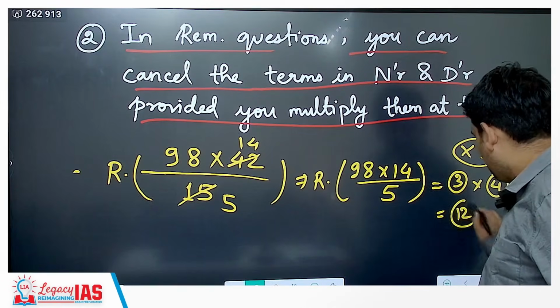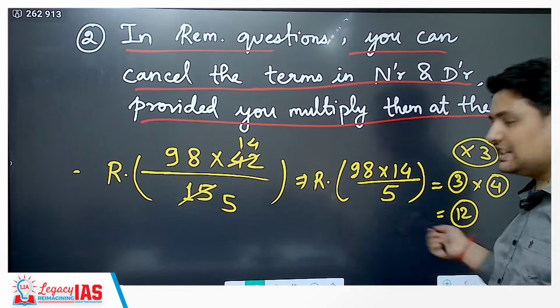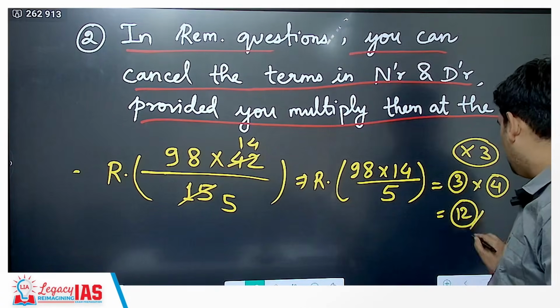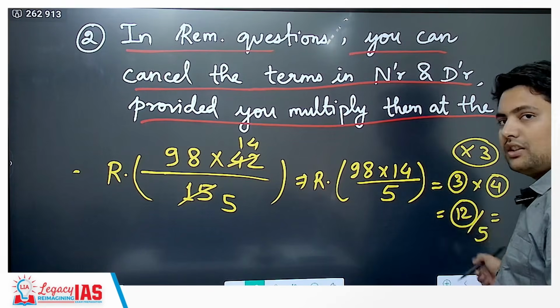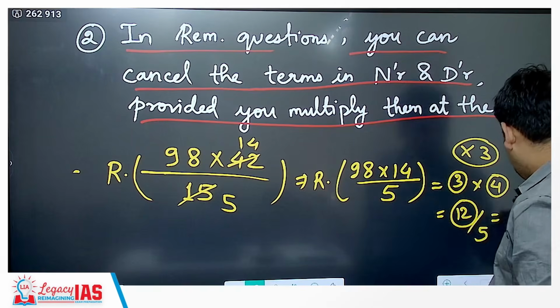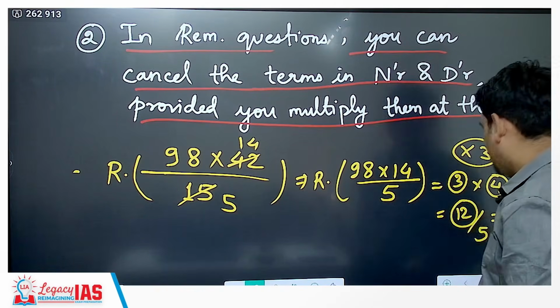You get 12. Once you get 12, again it is greater than 5, so you divide it again by 5. 12 divided by 5, remainder is 2. But this is not the final answer.